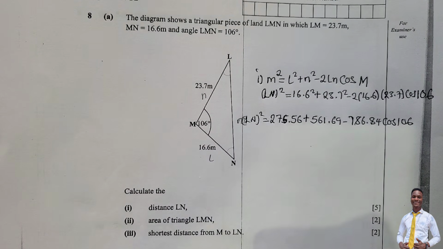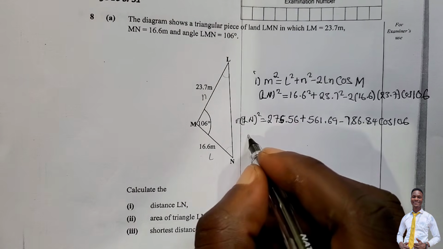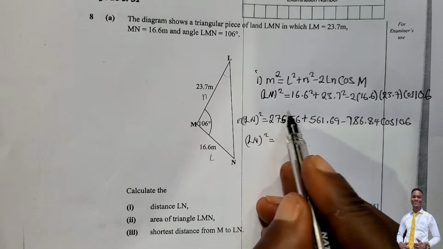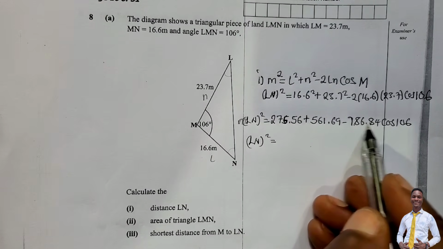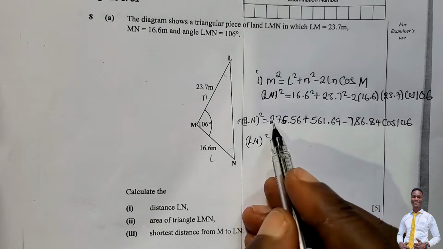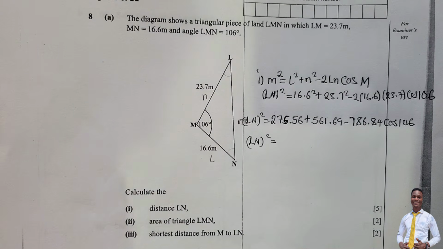Okay, very good. So when you reach this stage, we can just add the first two. We can't subtract with this one because this one is attached to this cos 106. So let's first add these two. 275.56 plus 561.69.